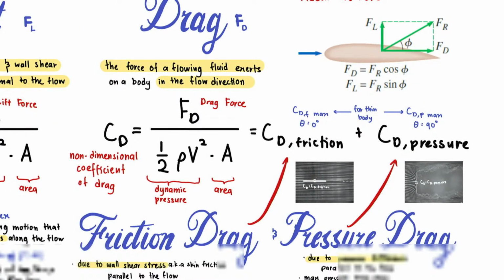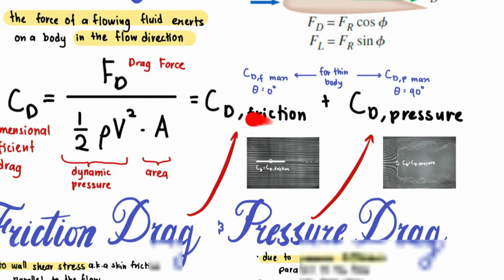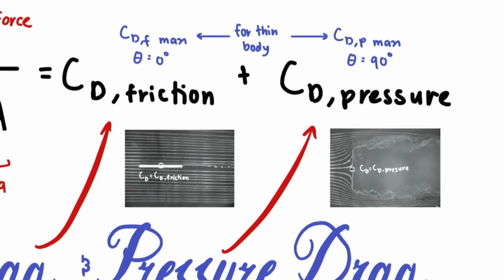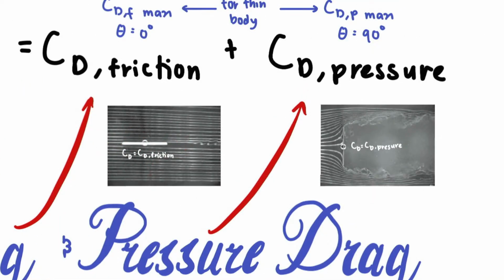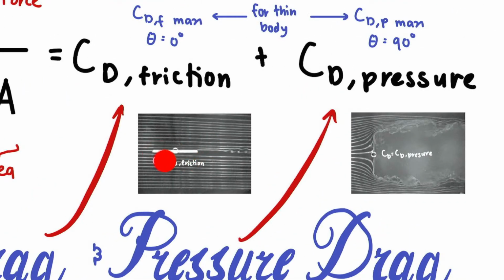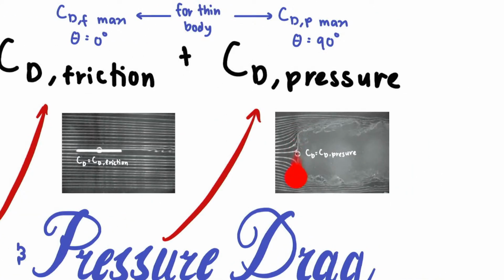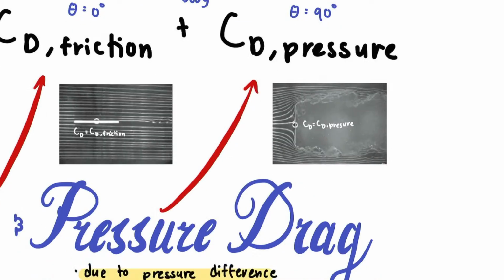What about drag? There are two types of drag: drag caused by friction and drag caused by pressure. I have these figures here. If the flat plane is parallel to the flow, the friction will be higher. But if the flat plane is perpendicular to the flow, the pressure will be higher.